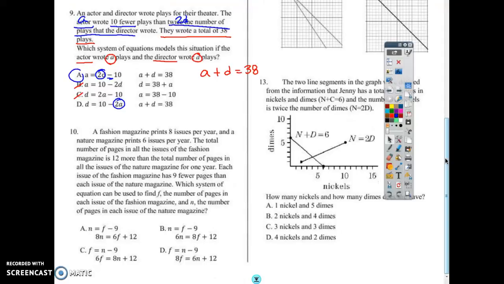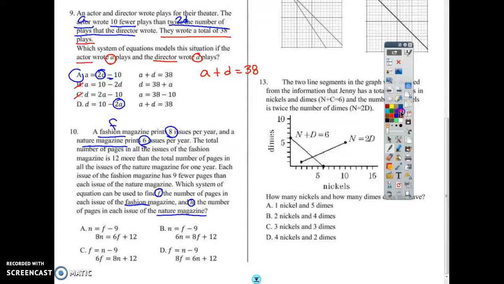Problem number 10. A fashion magazine prints 8 issues per year. So 8 goes with the fashion magazine, that's F. And how do I know that it's F? Because it tells you down here. F is the number for fashion magazines and N is the number for nature magazines. So I'm going to be using F's and N's. And nature magazine, that's the N's, goes with the 6.